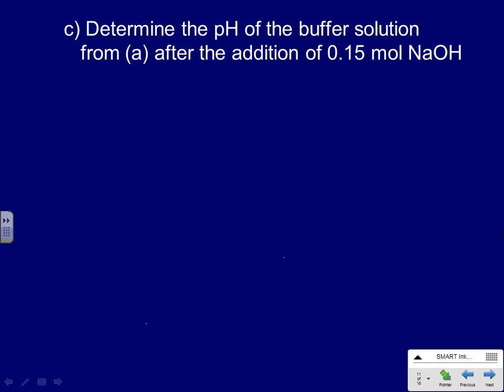When you're getting a question about a buffer being stressed, like a strong acid or a strong base added to it, just as before, we need our HA equation. We're still talking about the HF, F minus buffer, so we're still talking about that acid buffer because the Ka is greater.